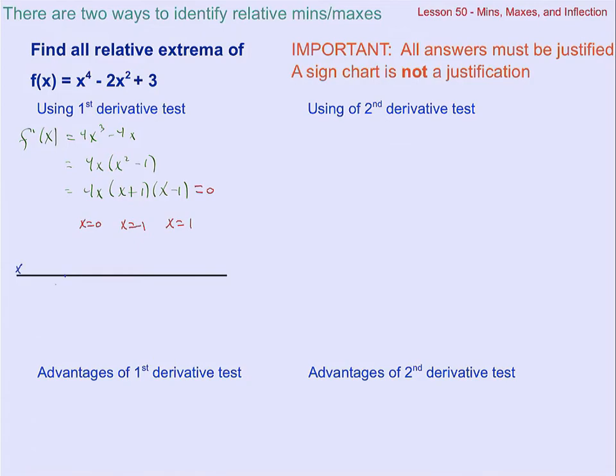I've got negative 1, 0, and 1. And for my f prime of x, all I really care about is whether it's going to be positive or negative. So when x is less than negative 1, we have a negative, and a negative. So all 3 of those signs are negative, which means that f prime of x is negative.